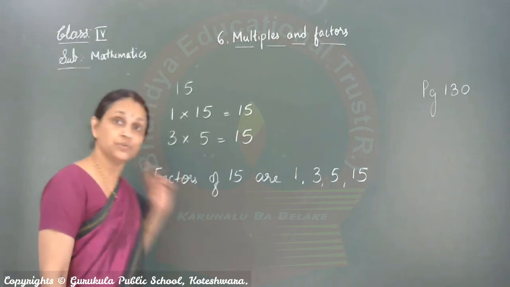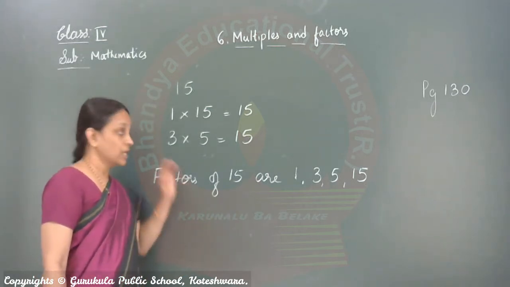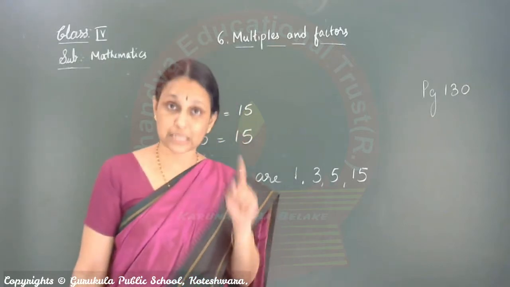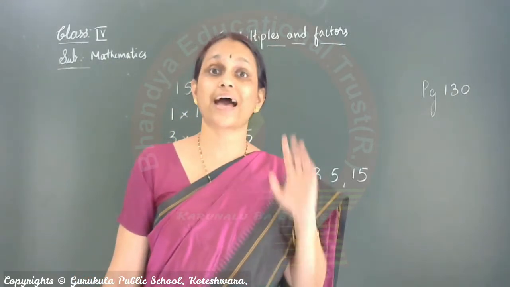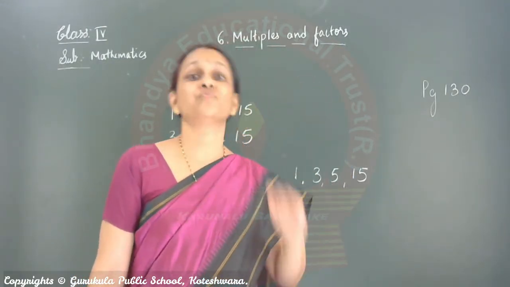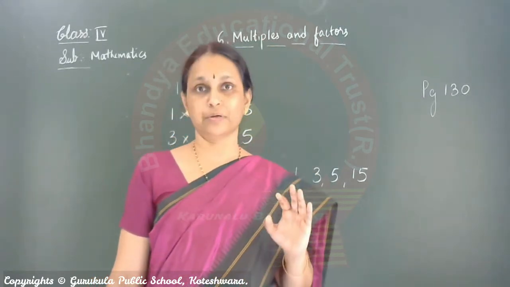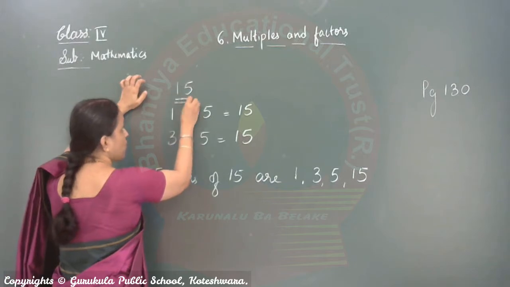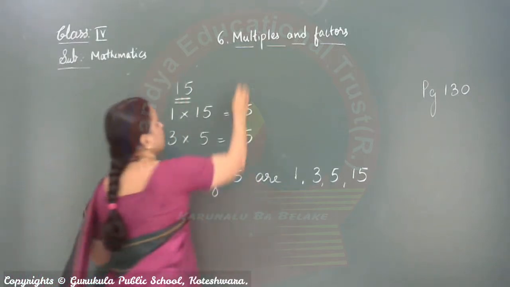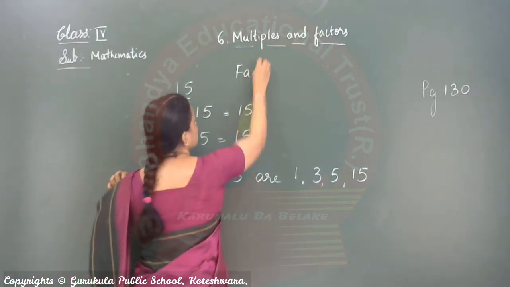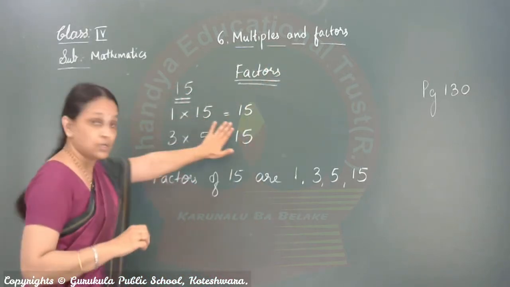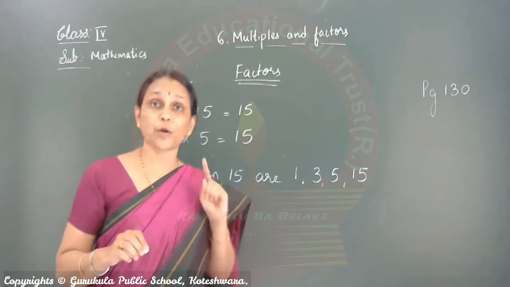Just observe here, children, all the factors. The third property says that a factor is either less than or equal to the number. The number is 15. We are finding factors for 15. Now, what does the third property say?